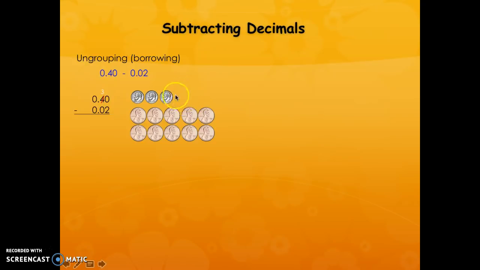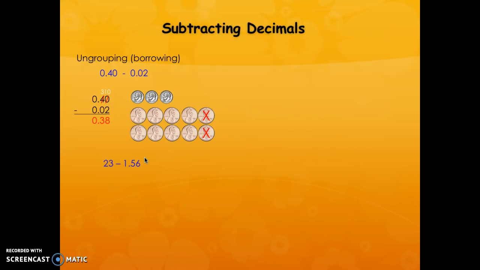So imagine me starting with 4 dimes here. I borrowed from the 40. We have 30 left, but then I turned that 1 dime into 10 pennies. That's what borrowing is. So now I've got my 10 pennies minus 2 leaves me with 8. The 3 dimes minus none gives me 30. So if you need to see that visually, I'm going to take my 2 pennies away, and then you can see that we have 38 left.